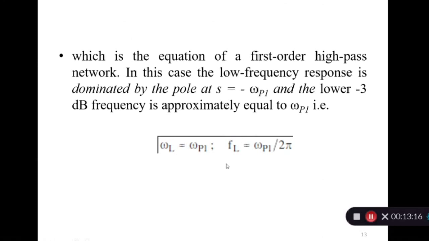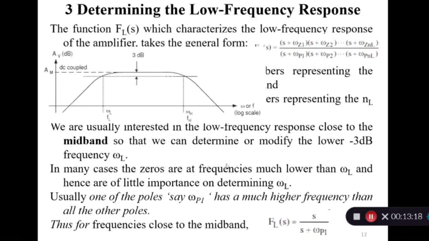What I mean is that if in any circuit or transfer function only one pole has a much higher effect, then the mid band response FL will be s divided by s plus omega p1.